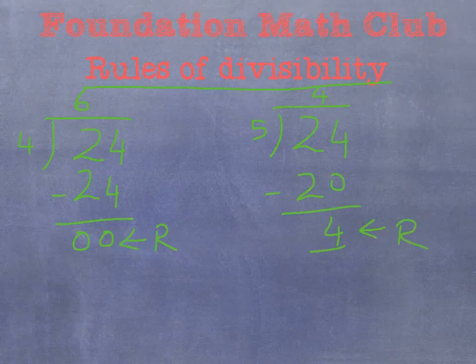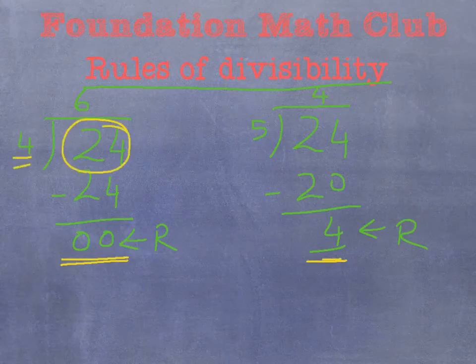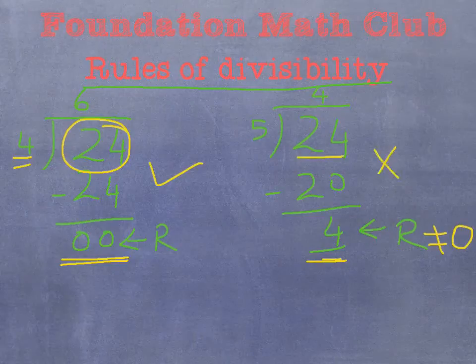Now, the difference between these two is, in the first case, our remainder was 0 and in the second case, it was 4. So, when the remainder is 0, we say that 24 is exactly divisible by 4. When the remainder is not equal to 0, then we say that 24 is not exactly divisible by 5.